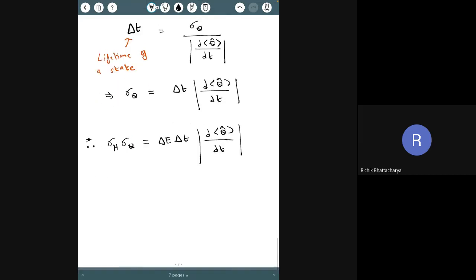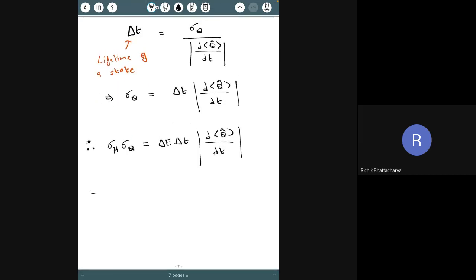Okay. And my inequality tells me that delta E, delta T, dq dt is greater than or equal to h cross by 2 dq dt.